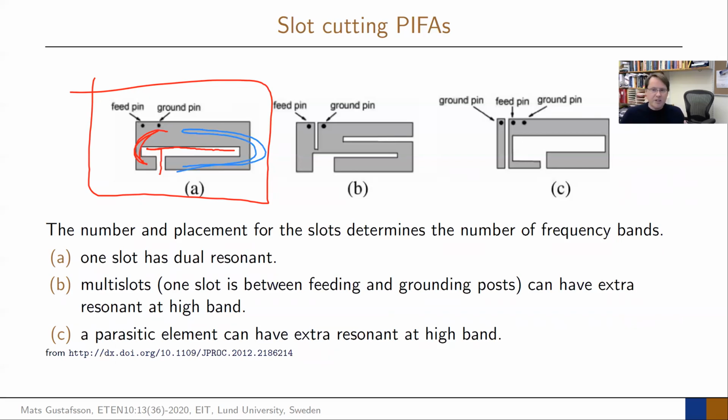And since we have these different lengths of those ones, we can create 2 resonance frequencies. And then of course we can move these ones. So if you think about the slot here, moving it that way will then make them more equal, moving it the other way makes them more different. And by changing these lengths and widths, you can tune your resonances to the resonance frequencies you should have.